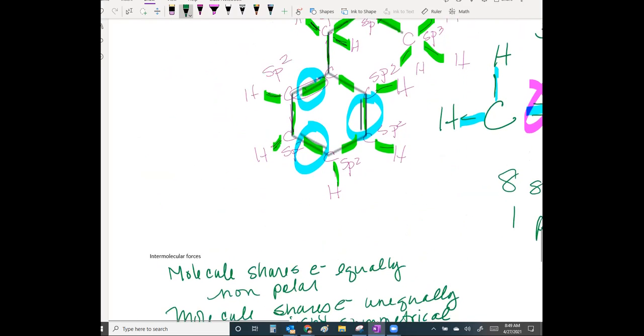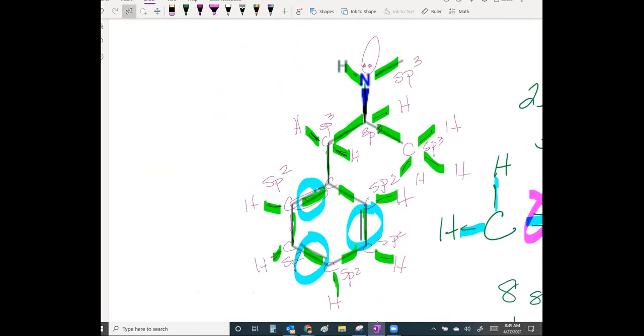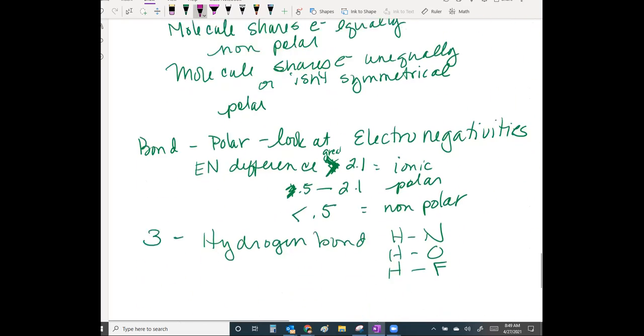If we look back at the molecule we drew right here, there's a hydrogen bond. This molecule is going to be polar because it's not symmetrical, and the hydrogen bond is going to make it even more polar. So it exhibits hydrogen bonding.